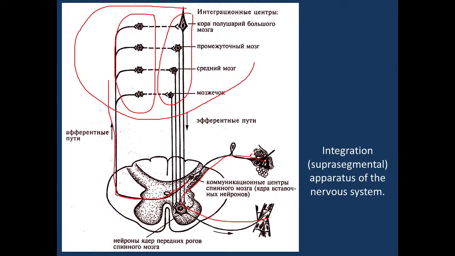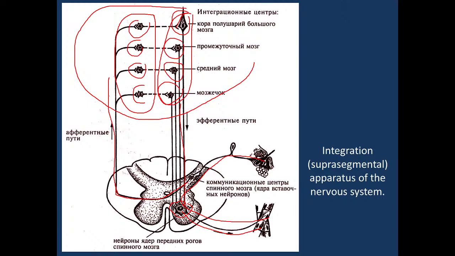It informs the whole brain centers about some stimuli, and this is a sensitive center in our brain, but there are also motor centers. They produce descending impulses coming to the motor neurons of the anterior horns, and then produce moving or sometimes not moving.